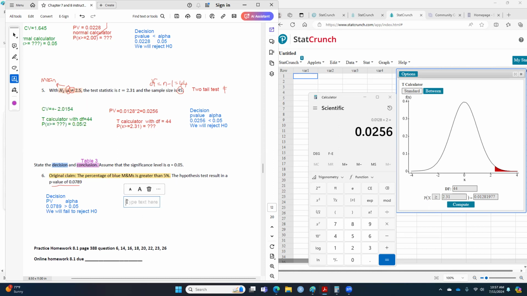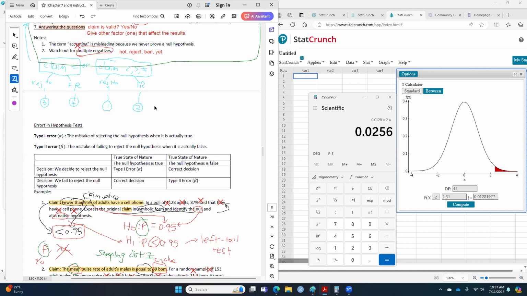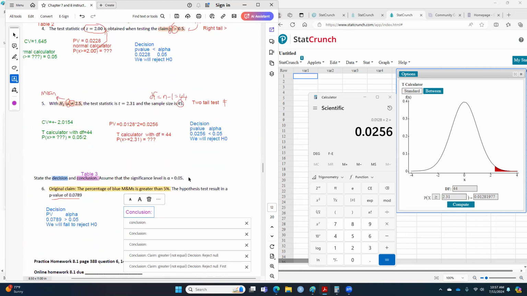Now, conclusion. The conclusion here has those 1, 2, 3, 4 pickings. If you look at the diagram here, you have to figure out if your claim statement has equality or inequality. How do we know this is the claim statement?